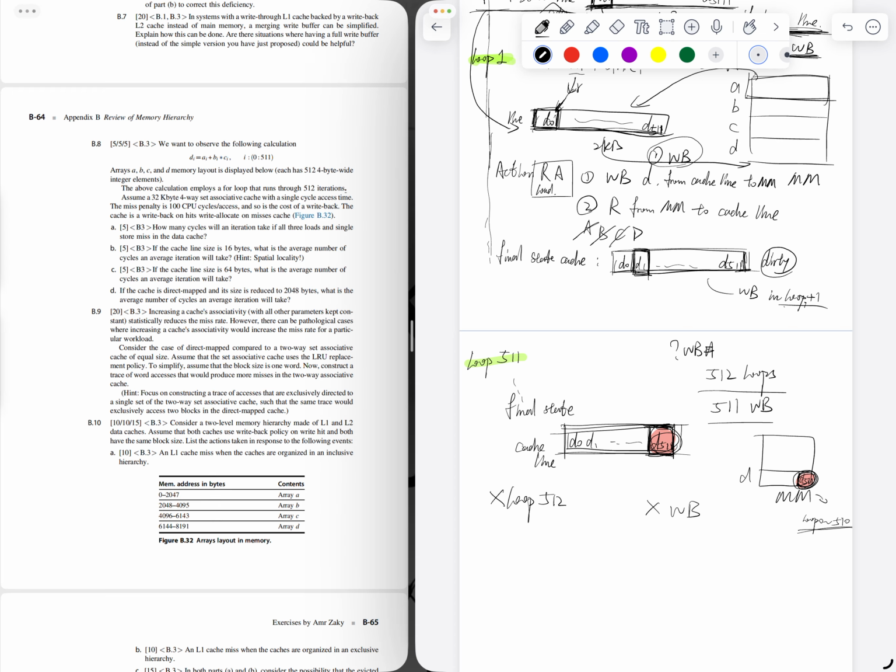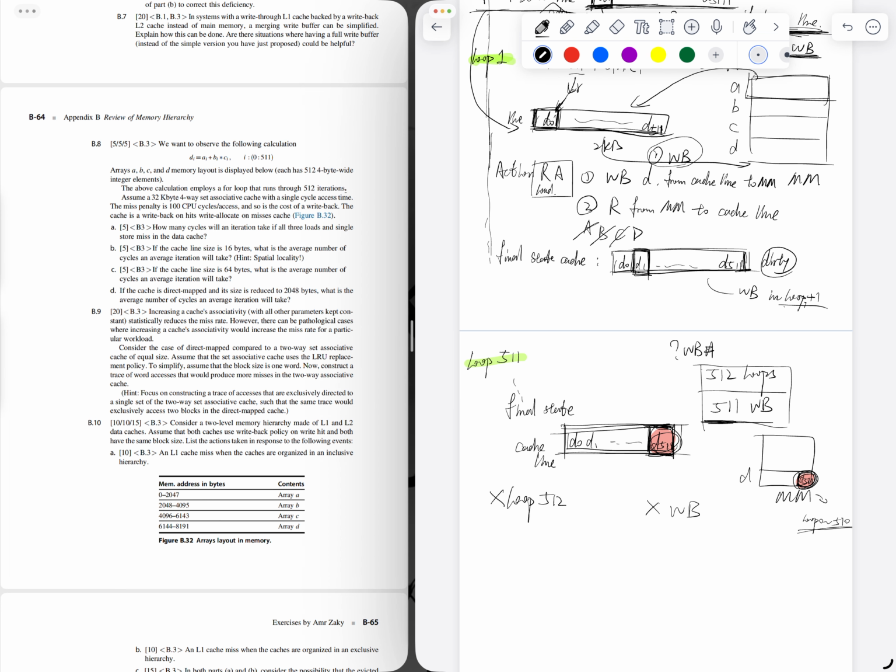They are the same. They did not change in the main memory. We just change it in the final loop. So we have 512 loops, and there are only 511 write backs.